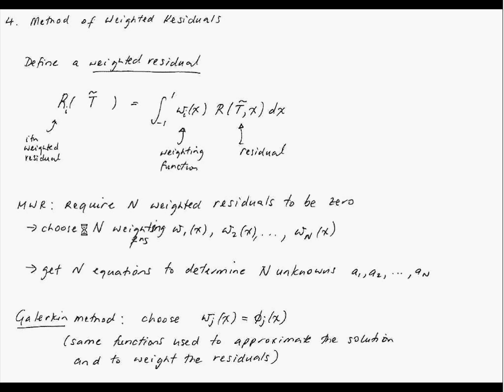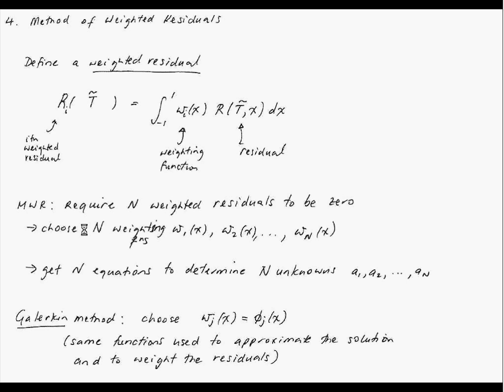So let's write it out a little bit and see. Again, the method of weighted residuals, we're going to require n weighted residuals to be 0.